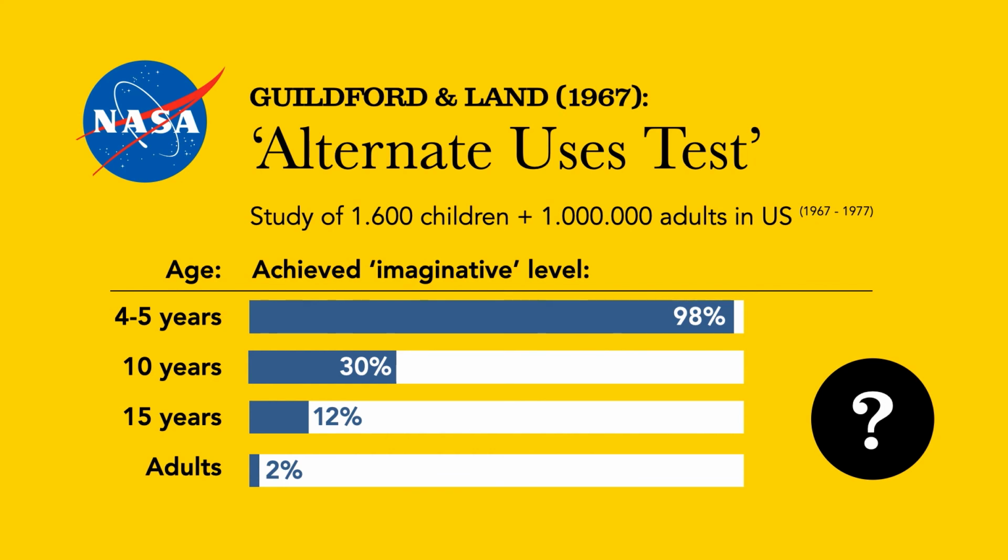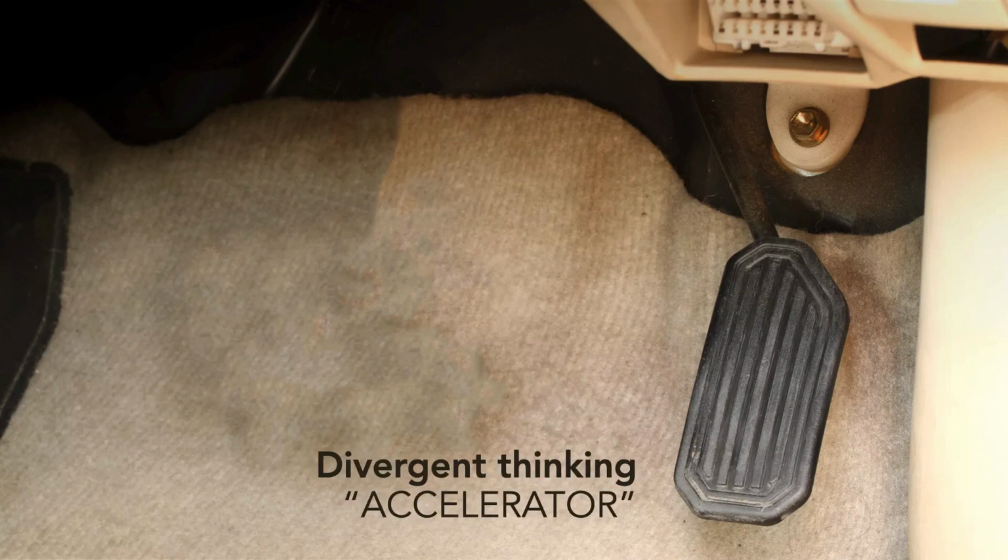He has this analogy: in a car, especially a car with an automatic gearbox, you have an accelerator and a brake. The accelerator is a divergent thinking activity in our mind, in our brain.